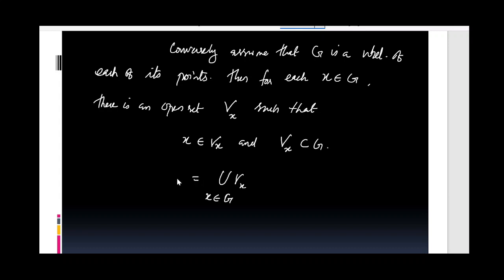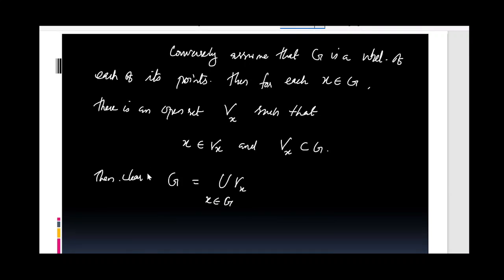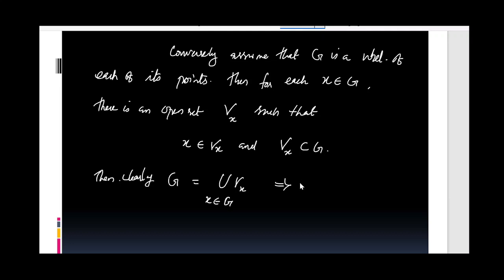It is nothing but G, right? Then clearly, G is equal to the union over x belongs to G of Vx, which implies G is open, right?